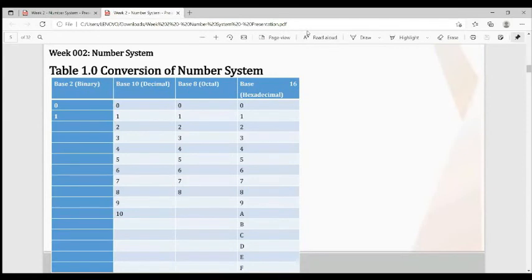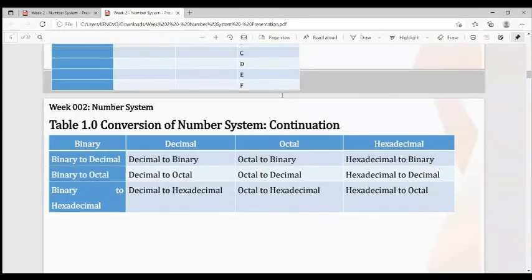Okay, so this is the conversion table of the number system. As you can see, we have 0 and 1 for the base of 2. Ayan, so ito na yung gagamitin natin. To convert a binary, we have different ways. We can convert a binary into decimal, as well as binary to octal and binary to hexadecimal.